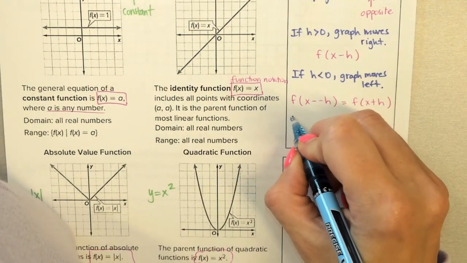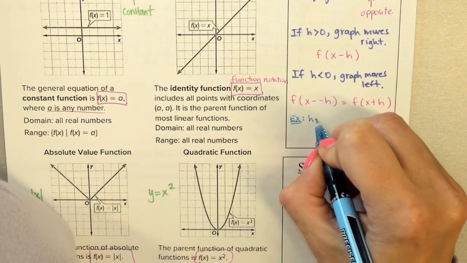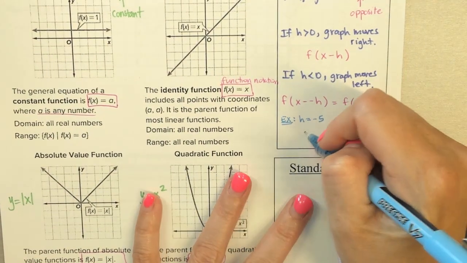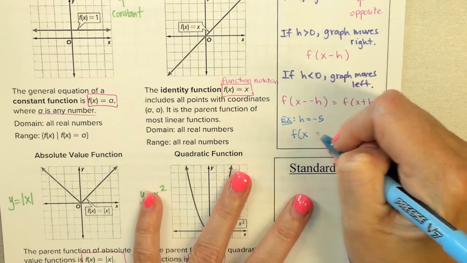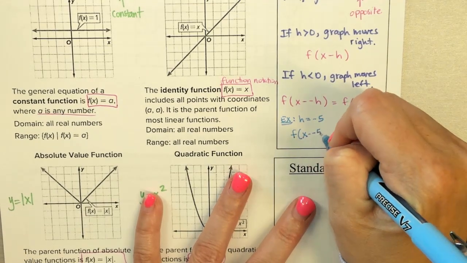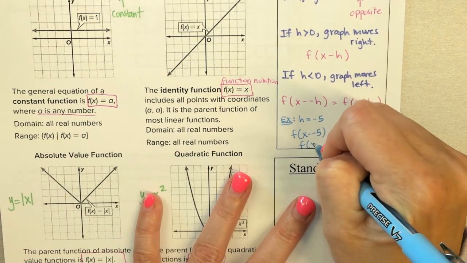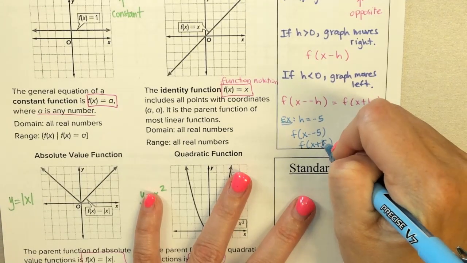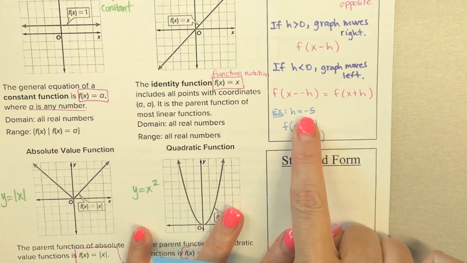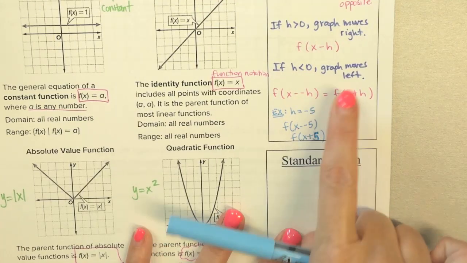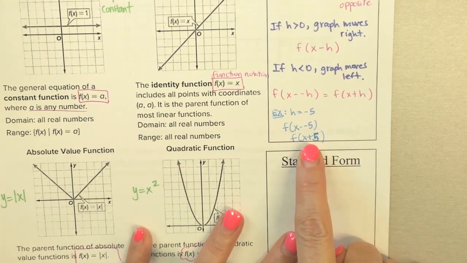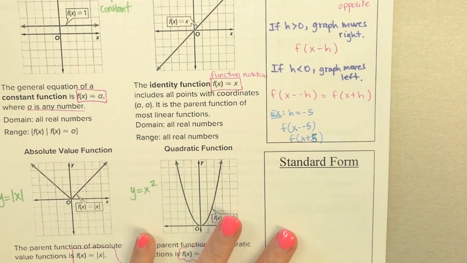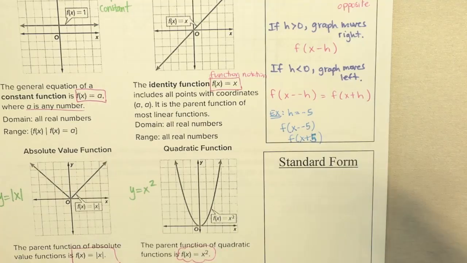Okay, so an example would be if h was negative 5, if you were to plug that in, you would have f of x minus negative 5, which would be f of x plus 5. So if it's a negative, it's moving to the left, but what you're going to see in the equation is this plus, okay?